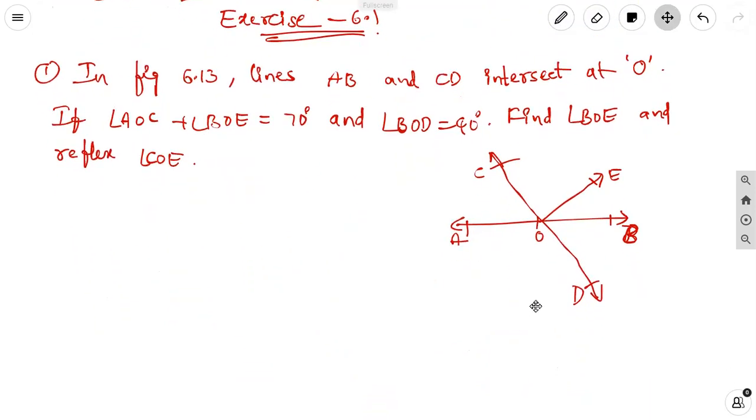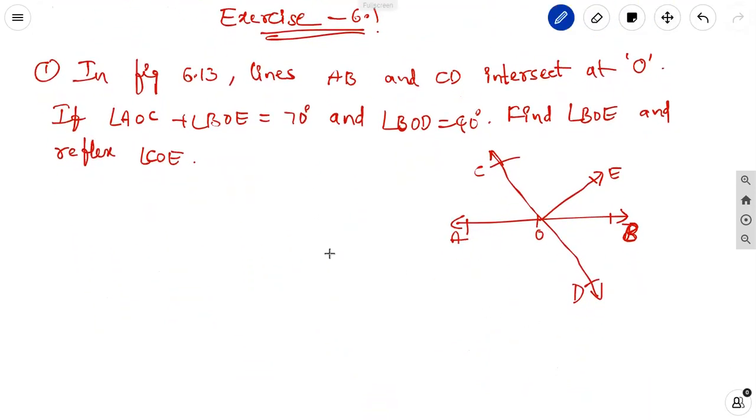The first exercise, 6.1. The first problem is: in figure 6.13, AB is one line and CD is another line.